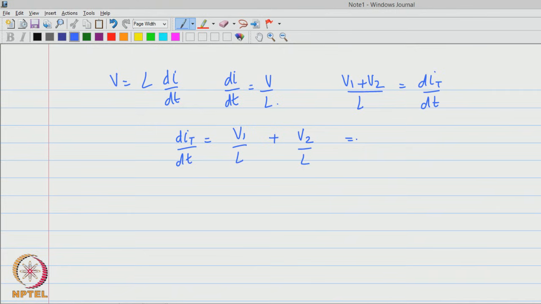The V1 over L is essentially the response with just V1 as the source, and similarly V2 over L would be the response with only V2 as the source. They add up, which defines the superposition property. And similarly, homogeneity would follow.